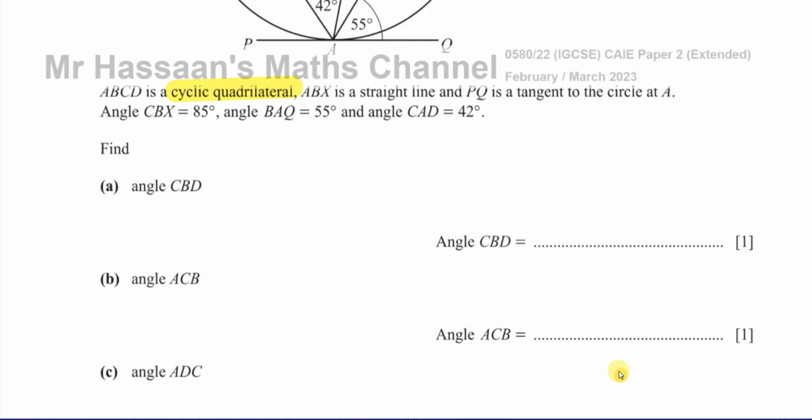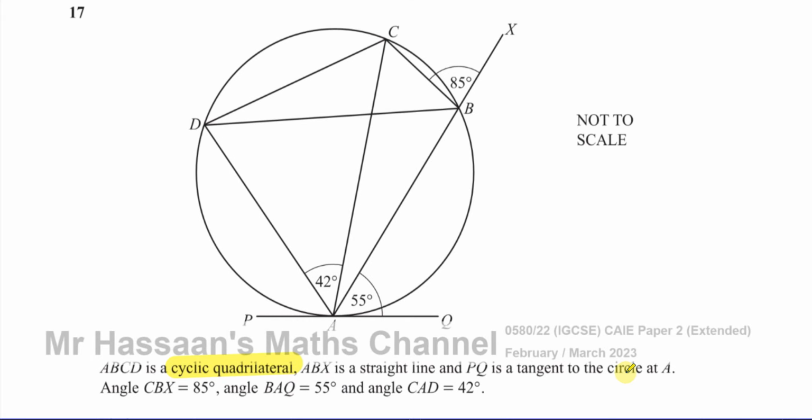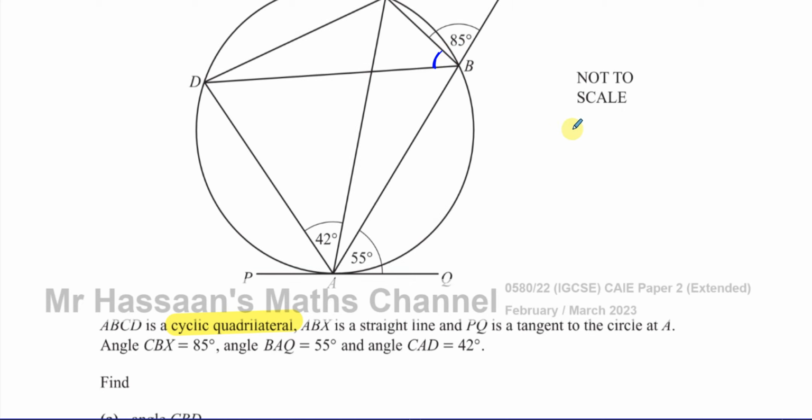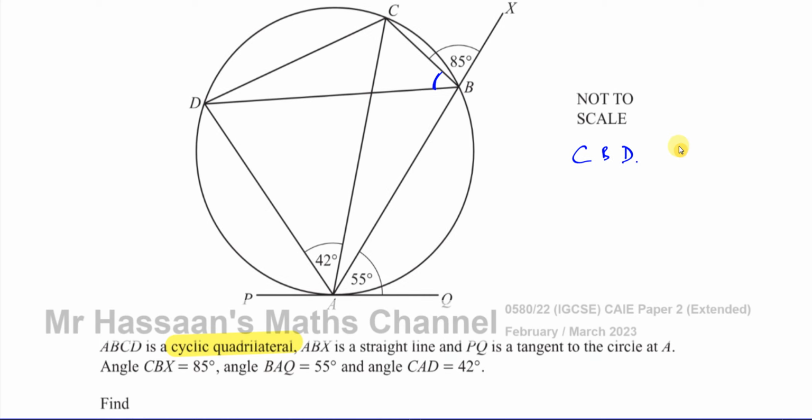So let's start with the first one, CBD. Let's first identify where the angle CBD is. CBD is the whole of the angle over here. Now, when you want to find an angle, one of the things that will really help you a lot in this type of question is if you look at the angles they've given you, can you see the same letters on both ends of any of the angles?